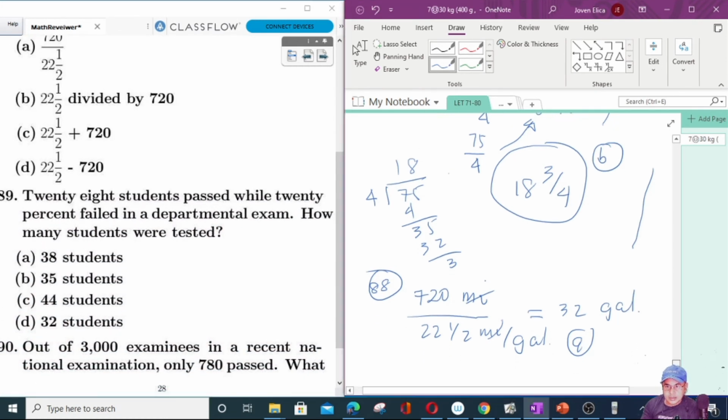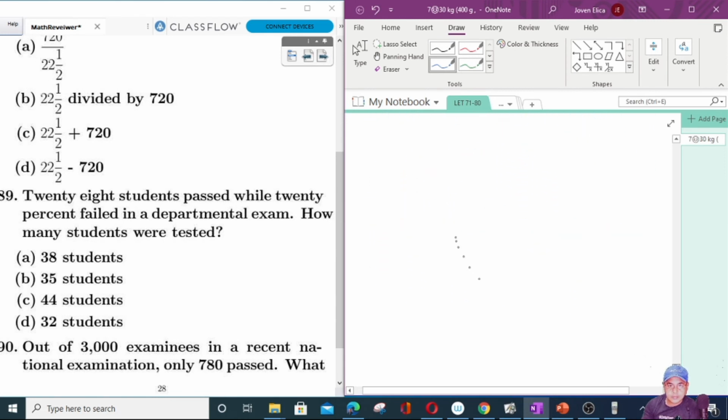So number 89. 28 students passed while 20% failed in a departmental exam. So this is ratio and proportion.